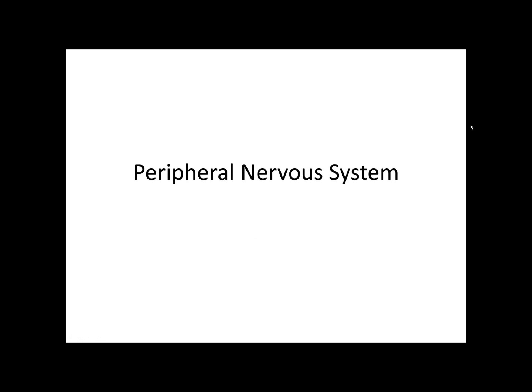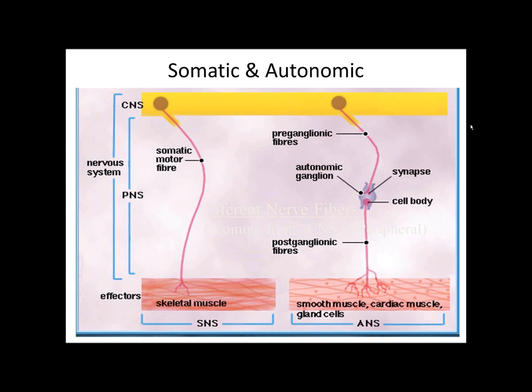So that's generally the central nervous system components, but let's talk a little bit about the peripheral nervous system, and then we'll have some time for some questions. Here we have the peripheral nervous system. We have the somatic and autonomic structures. Now, the somatic or motor fibers tend to not synapse between the central nervous system output structures and the actual muscles.